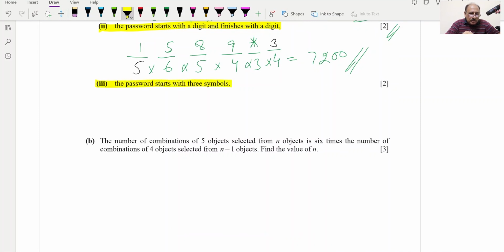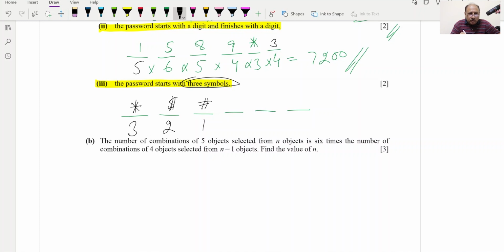So now, starting with a symbol, again we can take the 6 places, 1 2 3 4 5 6. We can take static first, and there are three symbols: static, dollar sign, and number sign. For the first one it will be 3, because there are 3 symbols, next will be 2 and 1. Now we can write the digits.